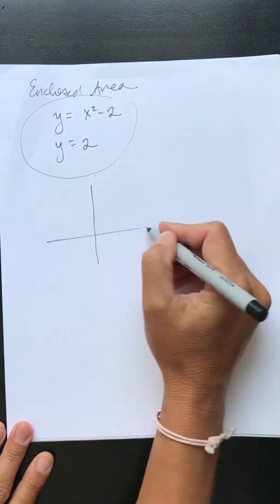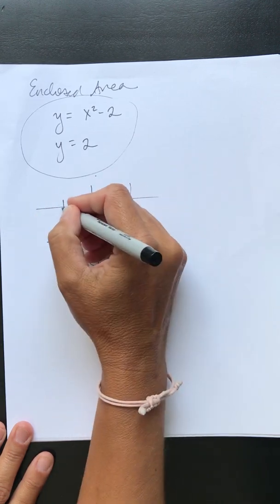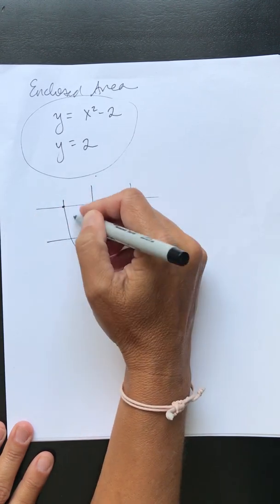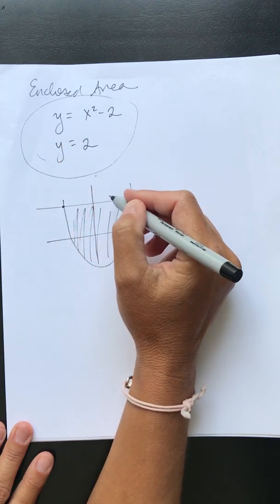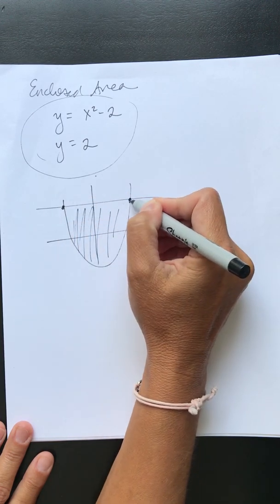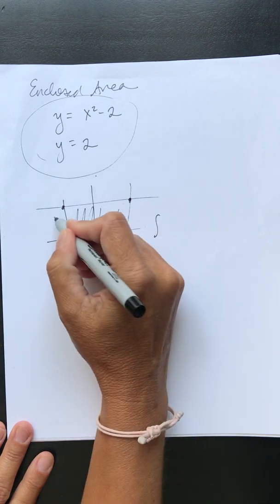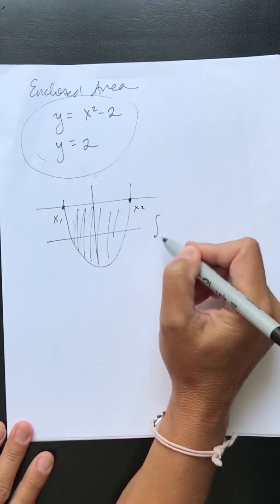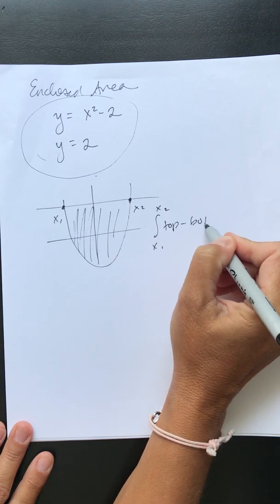So hopefully you see this and you think x squared minus 2 is a lovely parabola, y equals 2 is here. I can see that the line y equals 2 is always on top. The parabola is always on the bottom. So with a little teeny tiny bit of algebra, I can find these x bounds and integrate from x1 to x2 of top minus bottom.